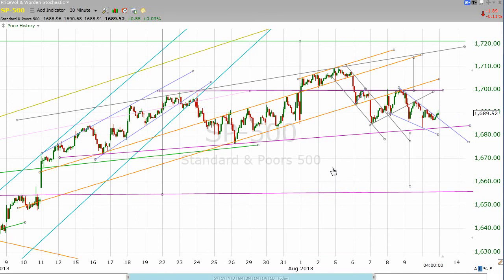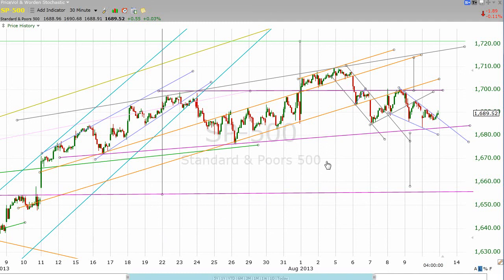I will say this, and I'm not a believer in gap filling. I don't think gaps create some kind of Bermuda Triangle of price action that sucks the market back in to fill in the whirlpool gap that was created back here on the 11th of July.